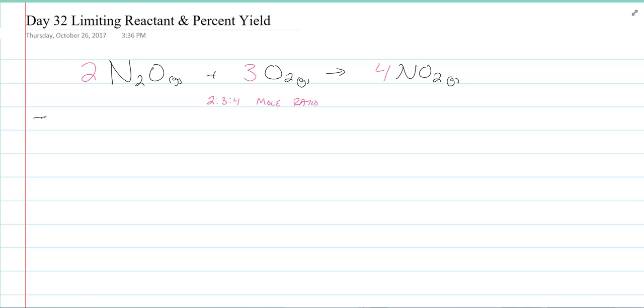The question says, let's assume we have 3.0 moles of N2O, and those 3 moles of N2O are mixed with 4 moles of oxygen gas.